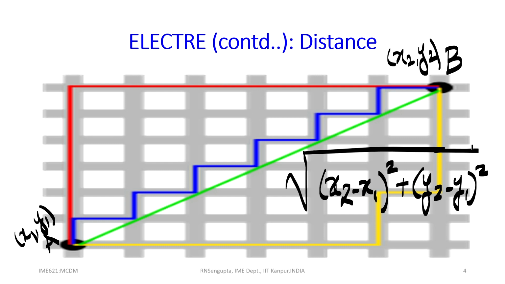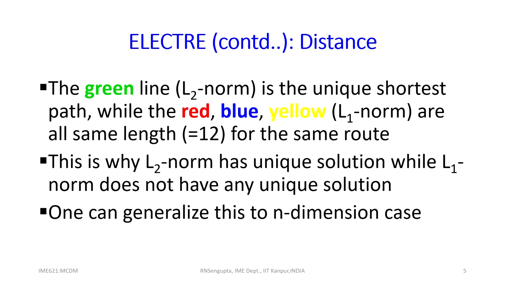That would be given by the green line, which I will mark. I will just redraw it, and hash it, so there is no confusion. This is the L2.